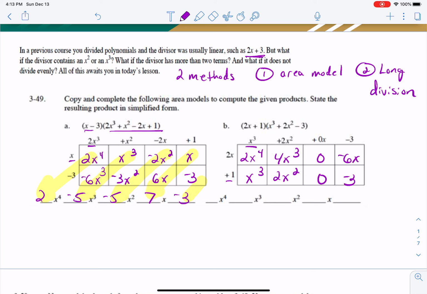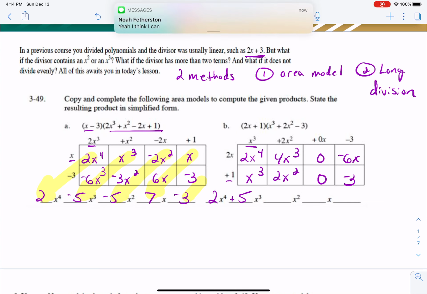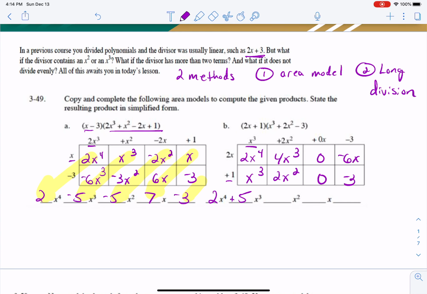And then add up like terms. So I have 2x to the fourth plus 5x cubed plus 2x squared minus 6x minus 3. So I can use area models to do multiplication and get the resulting products.